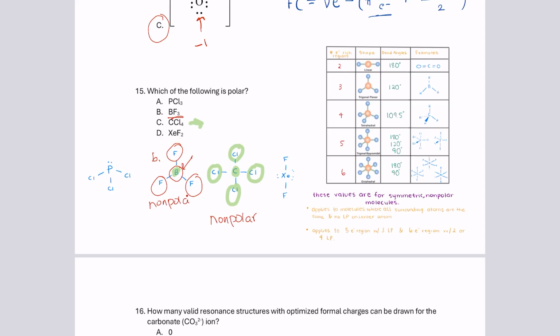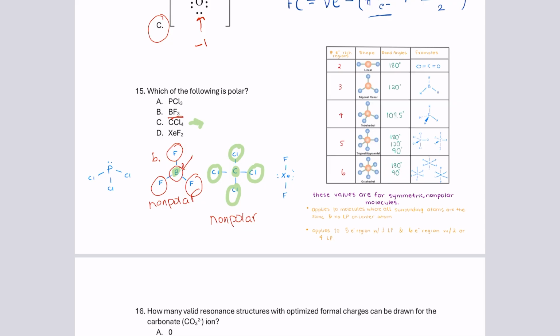The second trend for nonpolarity occurs when the central atom does have lone pairs, but they're arranged symmetrically. There's 2 subcases of this. The first subcase is when we have 5 total electron regions, where 3 of those electron regions are lone pairs.